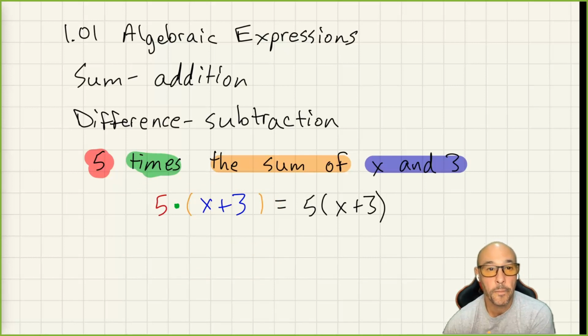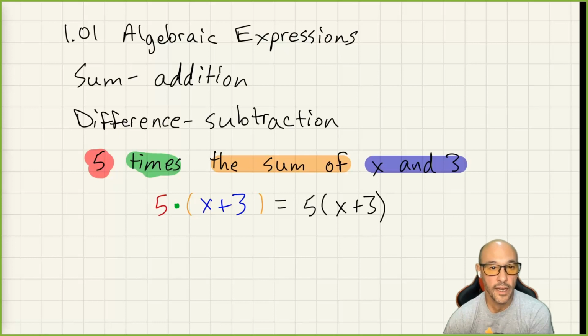So the sum of tells us that we need some parentheses there. Any questions so far? All right, no questions so far. So let's go on to the next example.